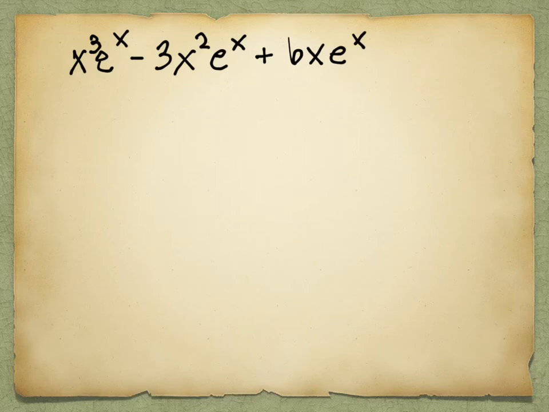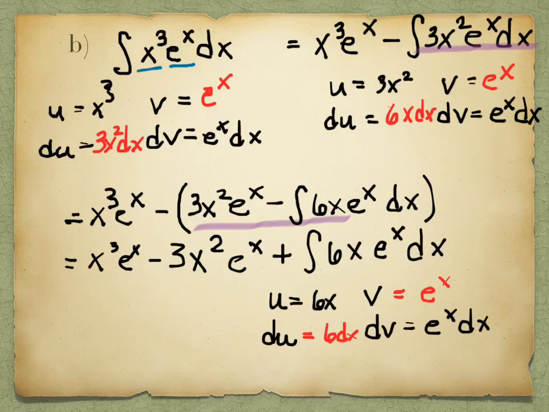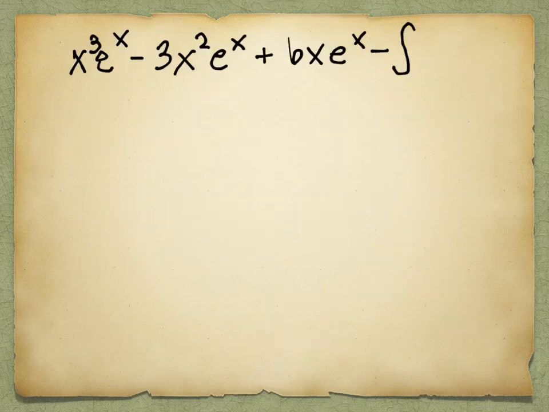Looking good. But I have minus an antiderivative, and this will be of the red diagonal. And my red diagonal multiplied out would be what? Six e to the x, right? Yeah. And we're so close I can almost taste it.